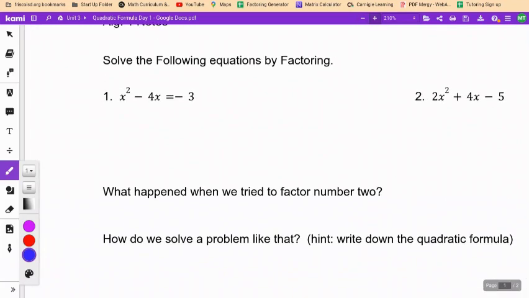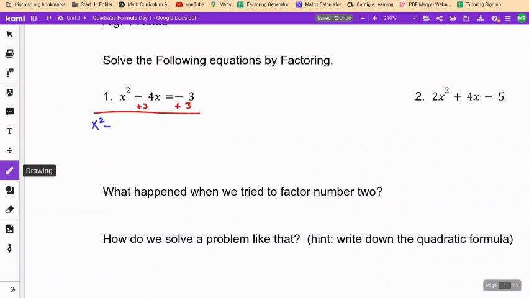And number one, again, we need to make sure that everything is set equal to 0. So I will have to add 3 to both sides. That leaves me with x squared minus 4x plus 3, and that's now equal to 0. From here, we do use our box in order to solve this.